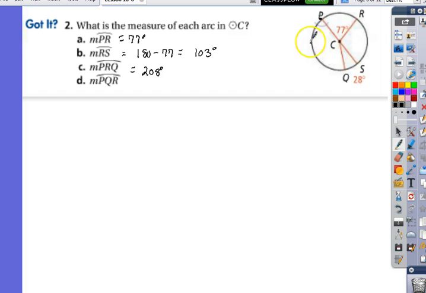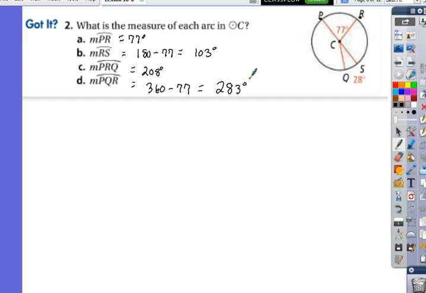PQR starts here and goes all the way around to R back here. I would have done 360 minus 77 because the whole circle is 360, but we don't go all the way around the whole circle. We are 77 short of it. So 360 minus 77, 283. Everybody okay with how to find arc measures?